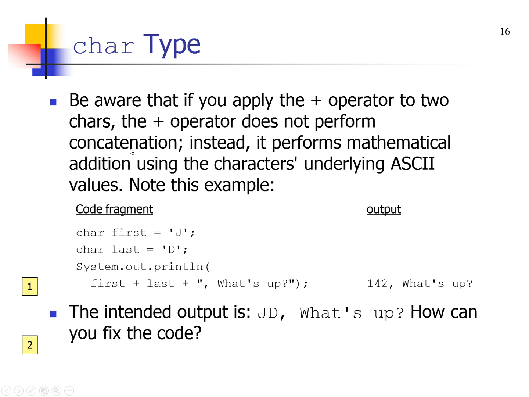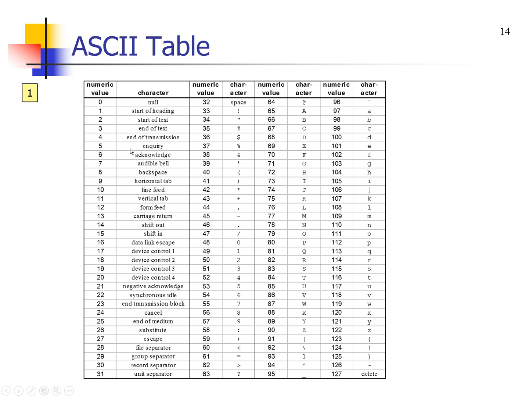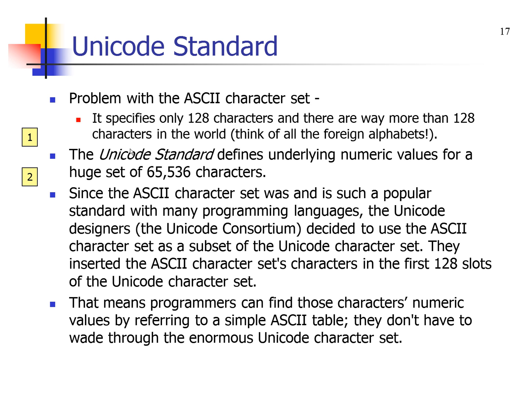But if we go back to the ASCII chart, it goes from 0 to 127, which is 128. Well, there's more than that. The Unicode Standard has 65,000 because there's a lot more printable stuff than that.